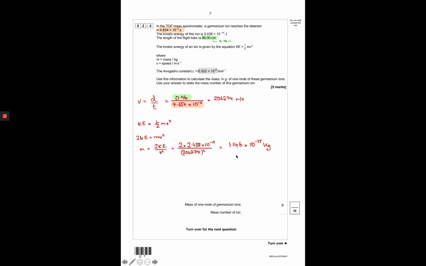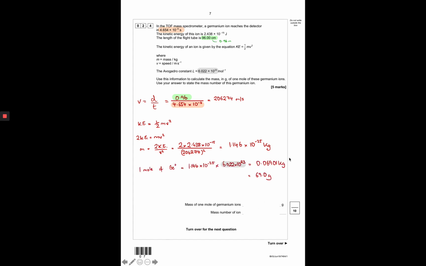The next thing we need to do, and the first part of the final answer, is work out the mass of 1 mole of germanium ions. So 1 ion equals this, and we've got to work out what 1 mole of those ions is. Now we know how many particles there are in a mole, and this is why they've given us the fourth value. We multiply the mass of 1 germanium ion by the number of ions present in 1 mole, so we multiply by Avogadro's constant.